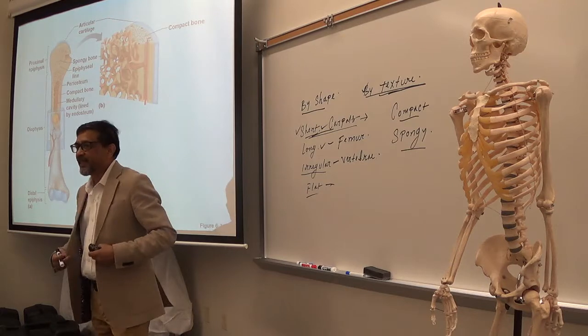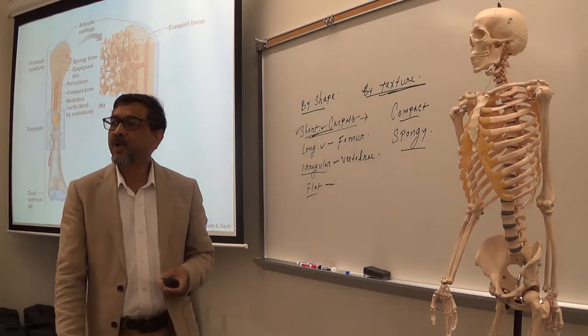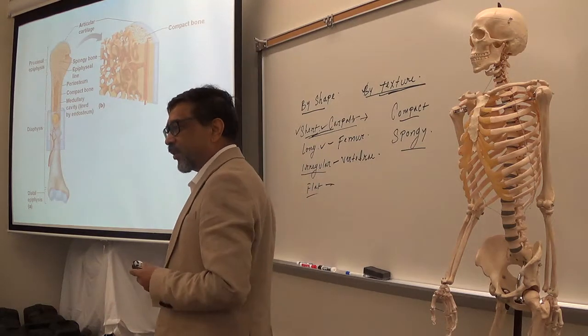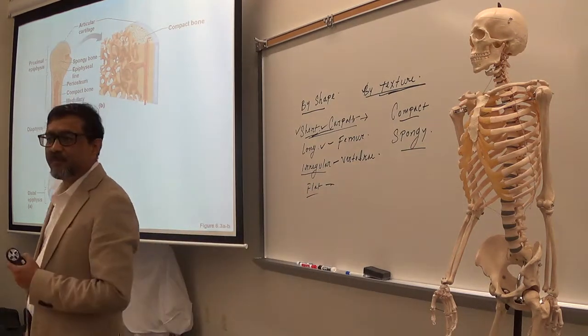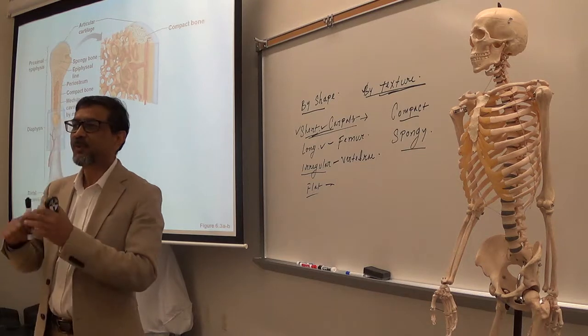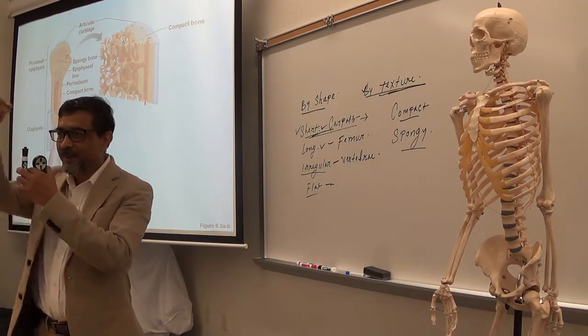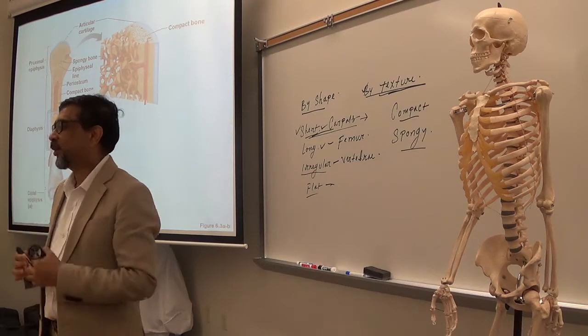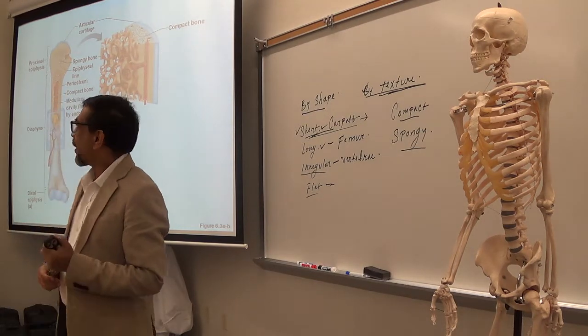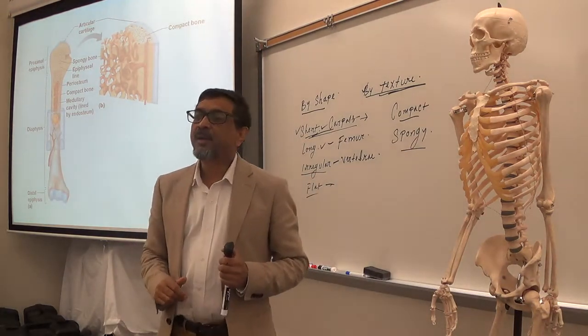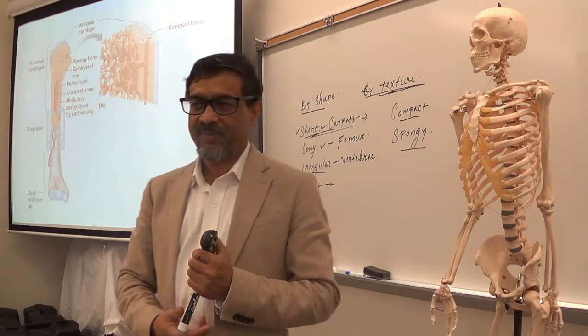Now, we'll see the structure of a long bone. A long bone has how many ends? Everybody? 2. A few minutes ago I said 2 ends, right? And connected by a shaft, right? Okay. So the ends of the long bone are called epiphyses.